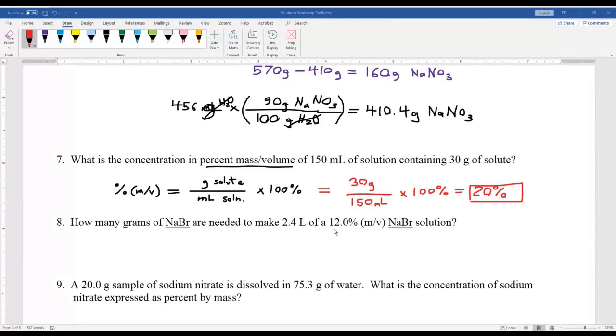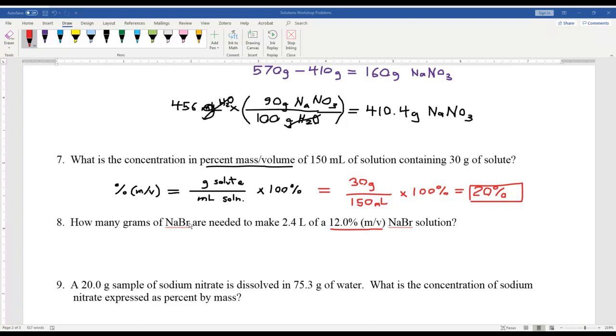Now in this case, it actually gives me the concentration. When I hear the word percent, what does that mean? It means per what? Per hundred, exactly, out of 100. Like the Latin word for hundred is centum, and like there's 100 cents in a dollar, there's 100 years in a century. So cent means 100 in this case.